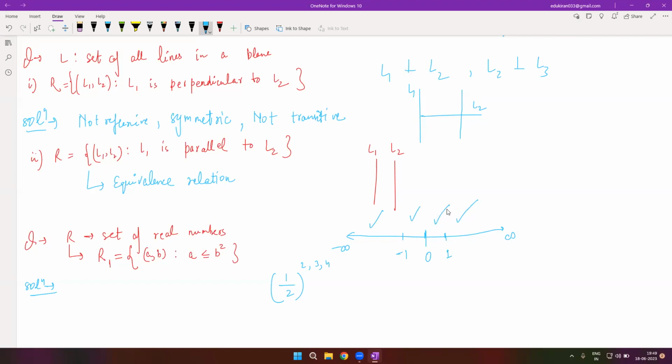If you divide your whole real numbers into these 4 parts and take values from each part, then 99% of the time you will be correct. I'm not saying every time, but 99% of the time you will be correct if you take examples from all these parts. So always divide your whole number line into 4 parts.